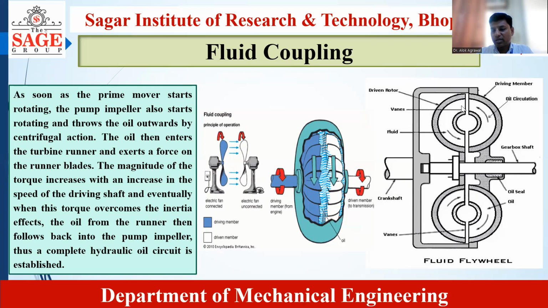When the fluid strikes the outer portion of the turbine runner, it starts rotating and the fluid travels like this, comes from the center and goes back to the pump impeller, thus completing its hydraulic oil circuit. In this way, the fluid coupling works and the power is transmitted from the driving shaft to the driven shaft.